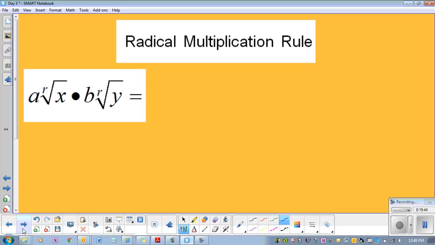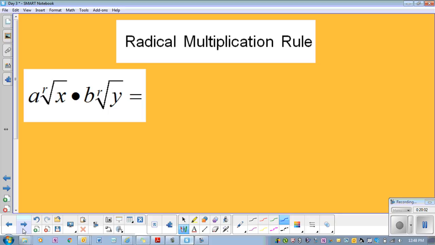All right? So with multiplying, here's the rule, and I'll tell you a couple of things that I think help.